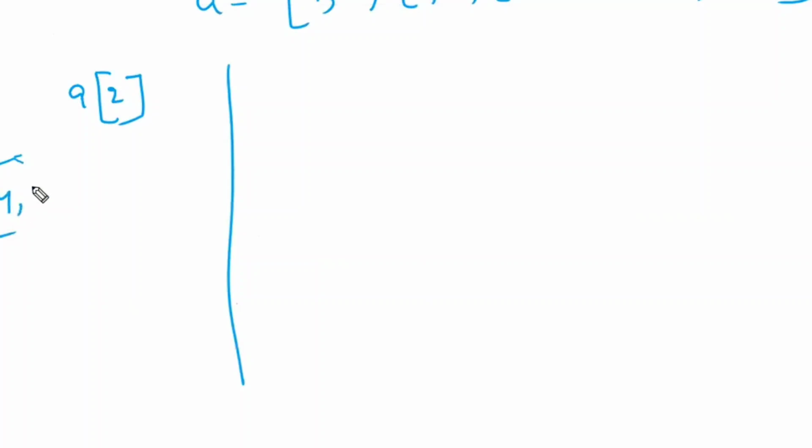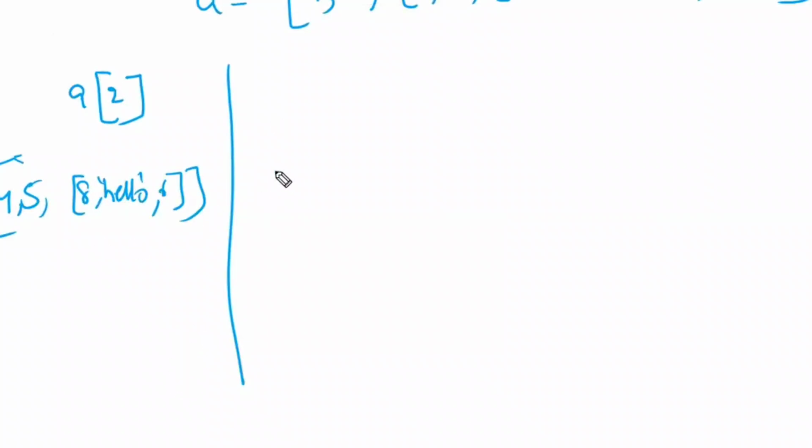Then A of 2: you are going to get 4, 5, list of 8, hello, 6. These are the 3 elements you are going to get.